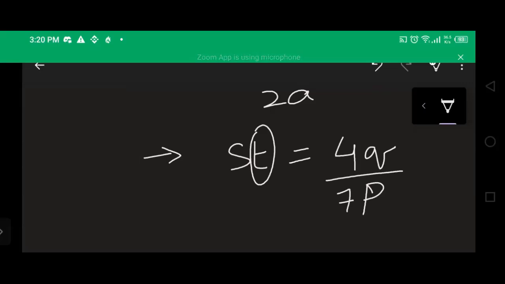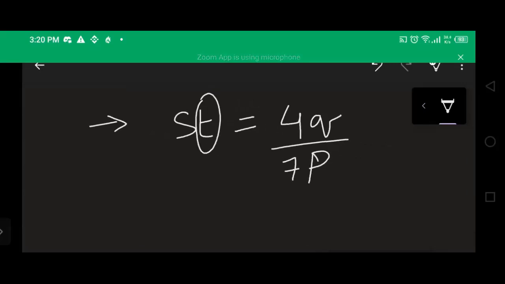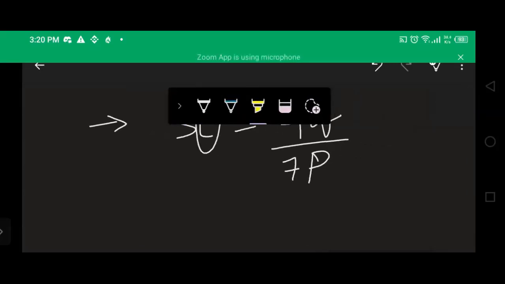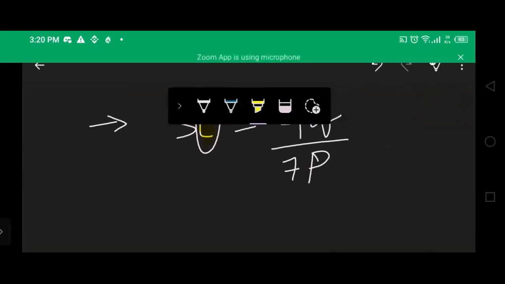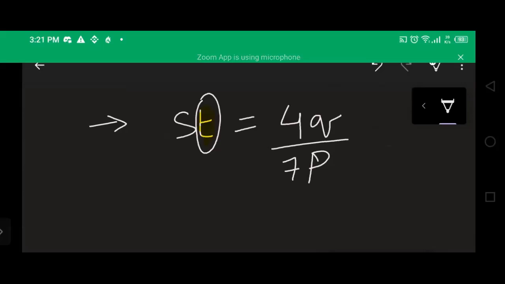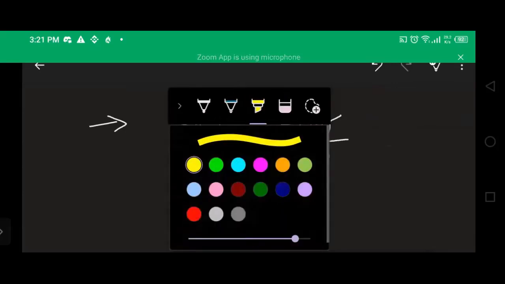Okay, so let me see. S t equals 4q over 7p. Let me think. Okay, so you divide both sides by s.